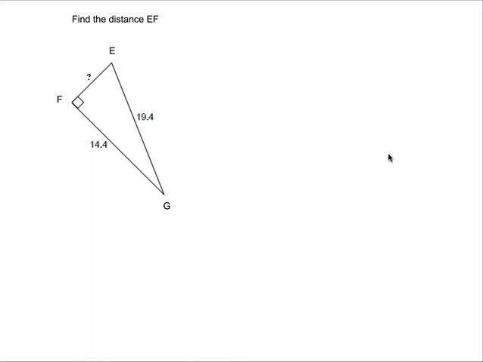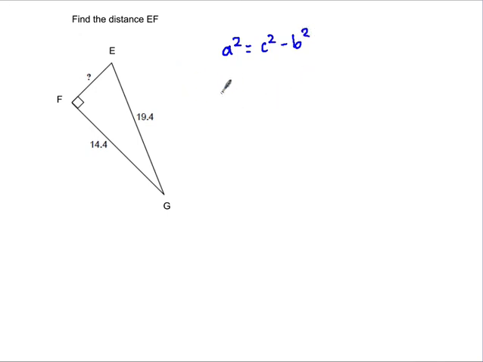Find the distance from E to F. So again, we're after this distance here. Now that's not the longest side because 19.4 is opposite the right angle and must be the longest. So what we need to do is square the longest side and take away from it the other short side. So we're going to find that our a squared is going to equal c squared minus b squared here.